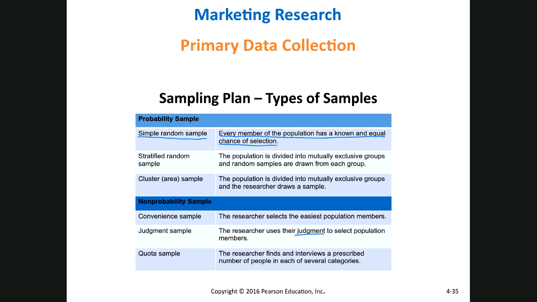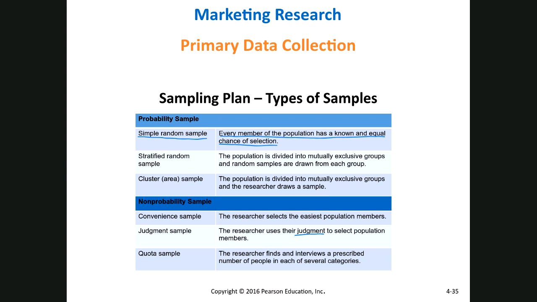A quota sample would be, you see, a researcher finds and interviews a prescribed number of people in each of several categories. So let's say that we had a large overarching question. We wanted to find out what freshmen thought about it, what sophomores thought about it, what juniors thought about it, and what seniors thought about it.